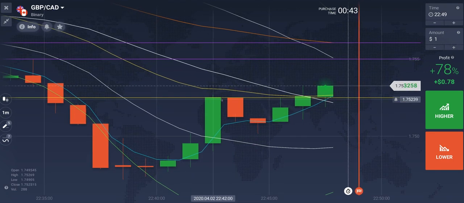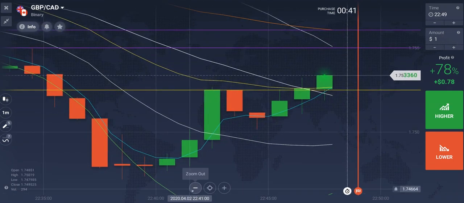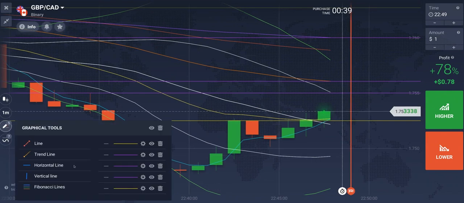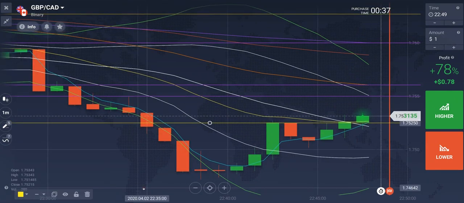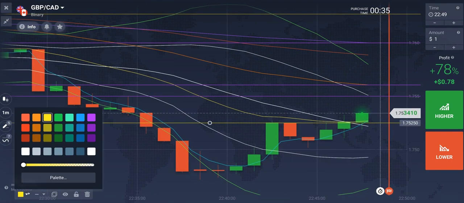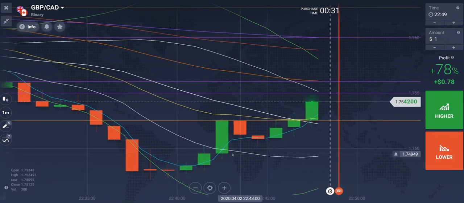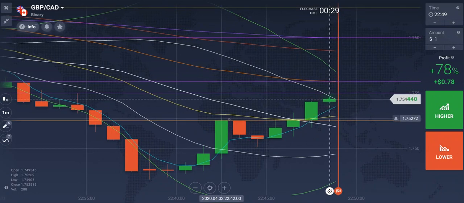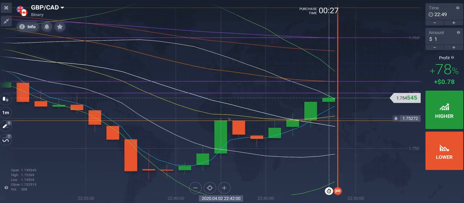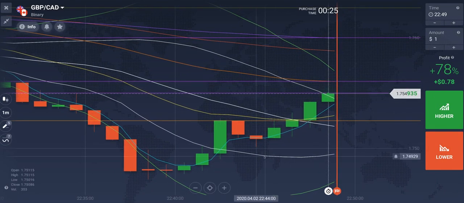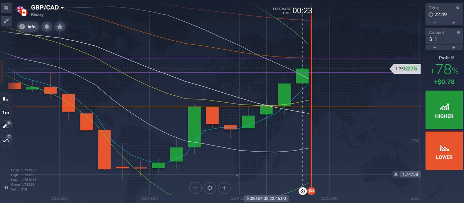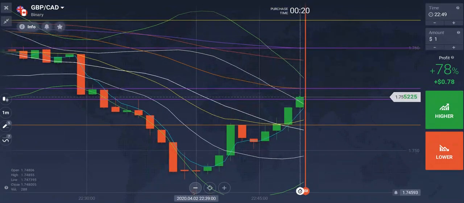So this is the neckline. I always use orange for my neckline levels, and you can cover the whole week until here if you want. You can see the market is clearly going up, but we are in a ranging market.